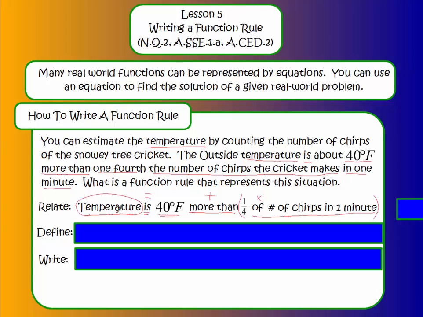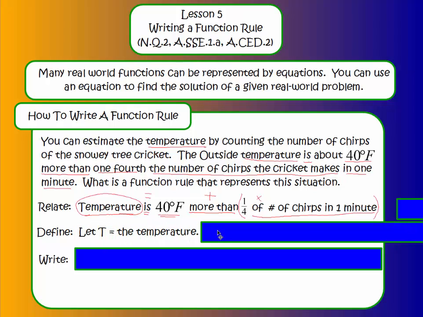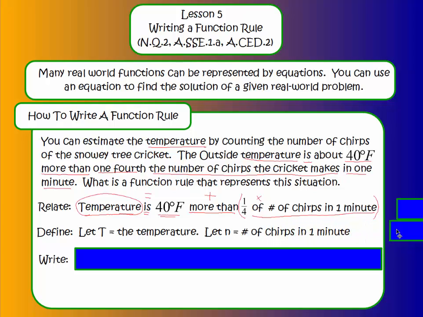Okay, so let's define the temperature to be maybe T. So let T be the temperature, and we're going to need a variable for the number of chirps in 1 minute. So what would be a good thing to use there? A lot of times whenever we have the number of, we'll use the letter n. So let n be the number of chirps in 1 minute.